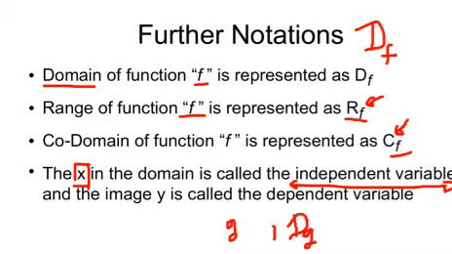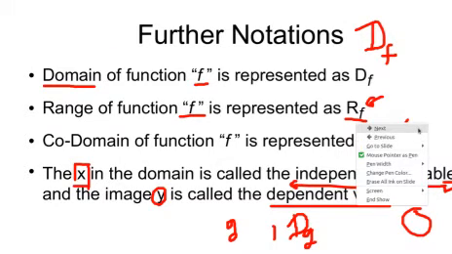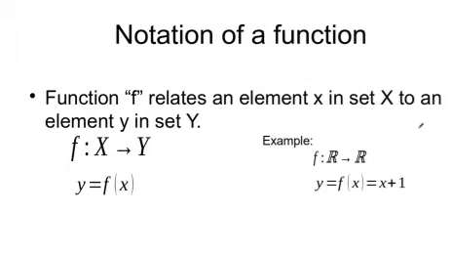Then we get a certain output related to the operation. And y is called the dependent variable, right? So y is dependent. For example, the pizza is dependent on how you arrange the input. So x is the independent and y is the dependent variable. Make sure you know these things, right?